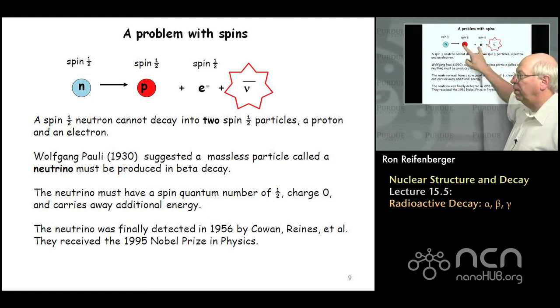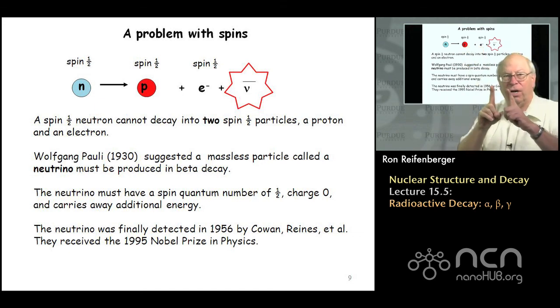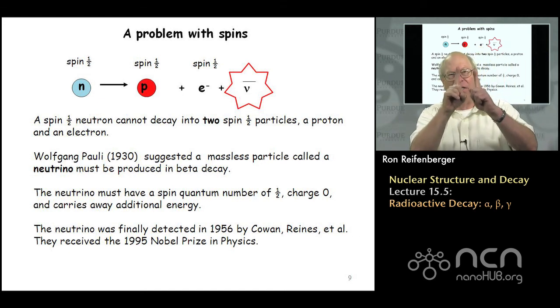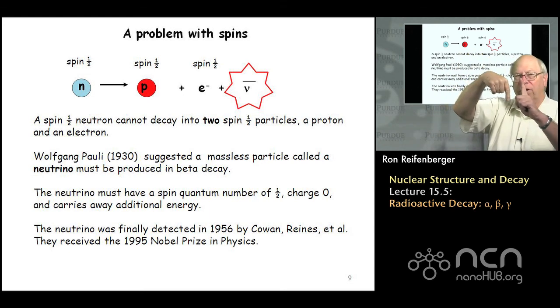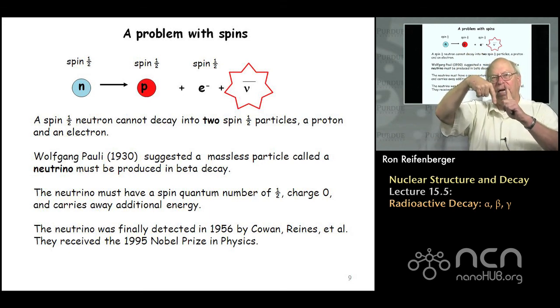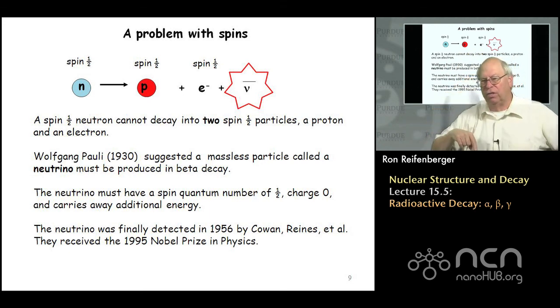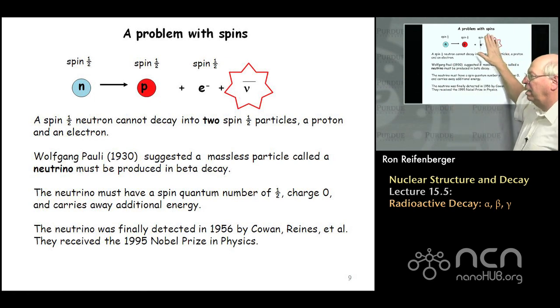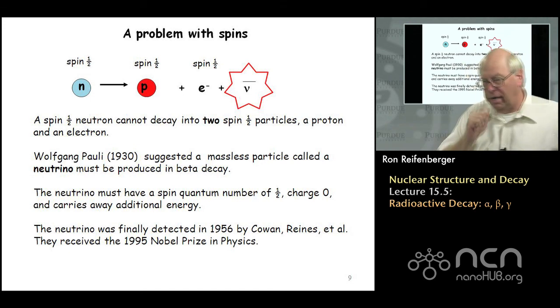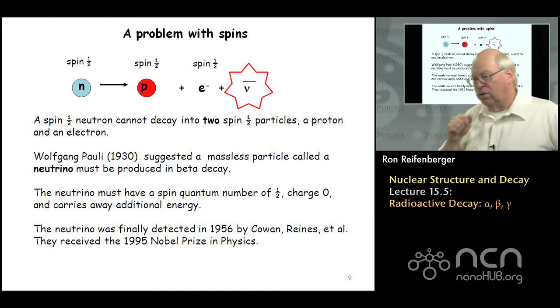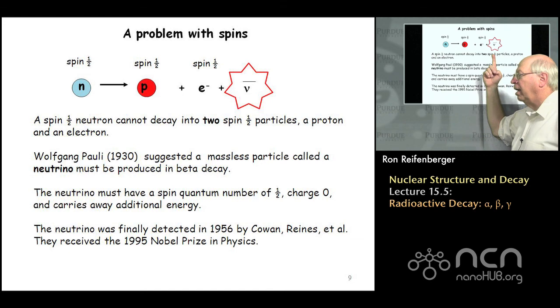These 2 spin 1/2s can be added together, giving a spin of 1, or you can align the spins anti-parallel to one another, and get a spin of 0. There's no way to produce a net spin of 1/2, which is what the neutron has before it decays. So for that reason, this new particle, referred to as the neutrino, was invented.